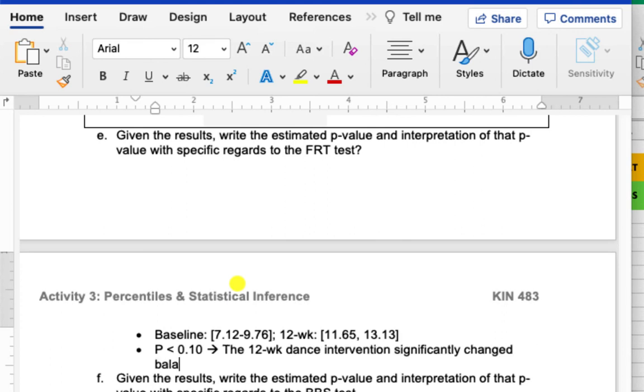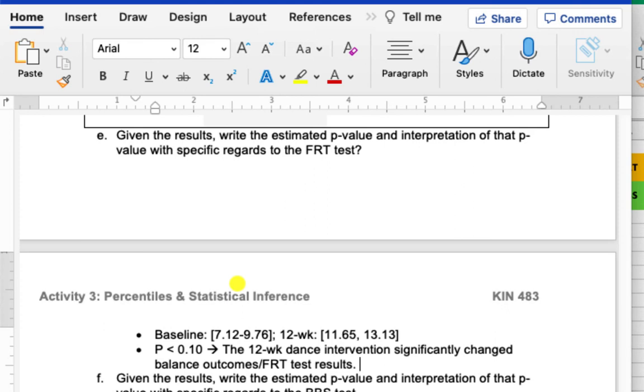And again, you can either generalize it to balance outcomes, or we can say FRT test results. Okay. The way you phrase it is entirely up to you, but as long as you're getting this idea that there was a significant effect, then you've done your job.